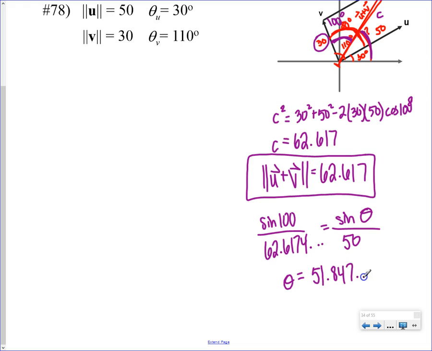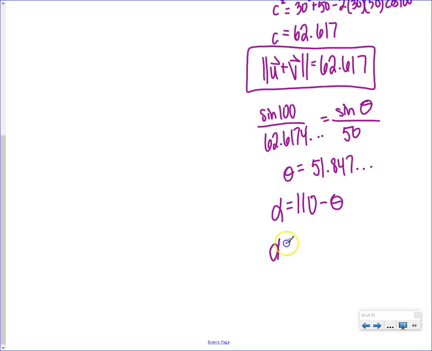Cool. For my angle, I'll name him alpha since I named him theta, don't I need 110 minus that? So therefore I can say alpha is equal to 110 minus that angle, which is exactly 58.153.